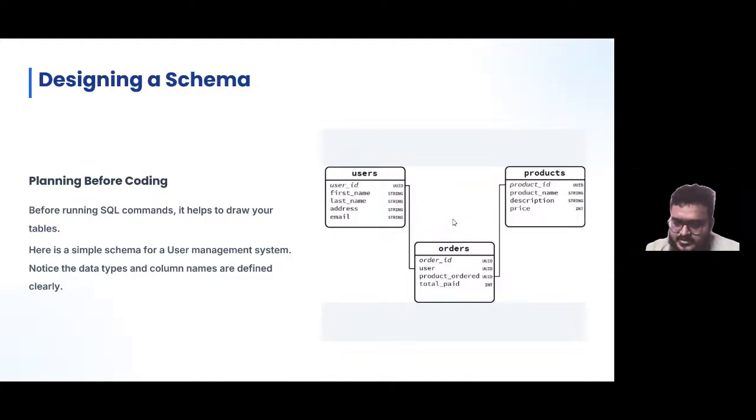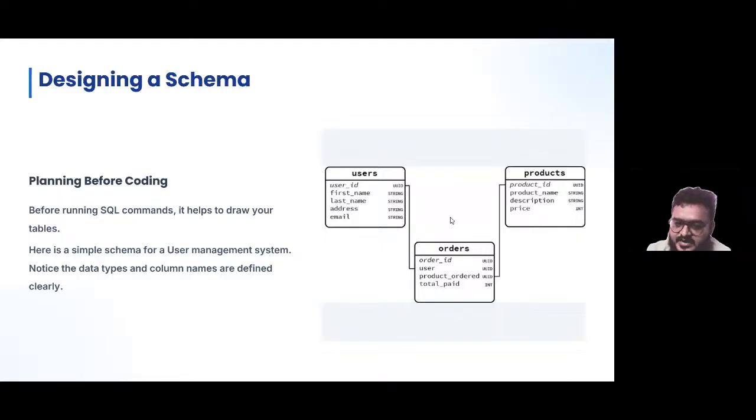Just a second, sorry for the disturbance. We will create one table with users, and we'll create another table with posts, and we'll create one more with comments. With the help of these three tables, you can see the user ID appearing, and we can use foreign keys to link the different tables. So this is how you have to create tables.